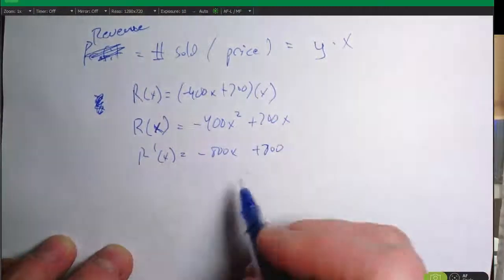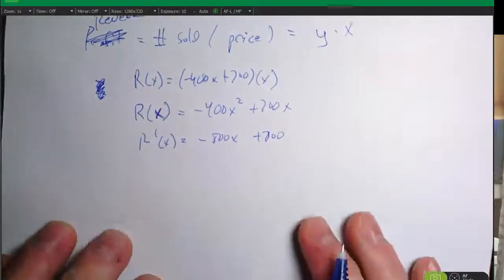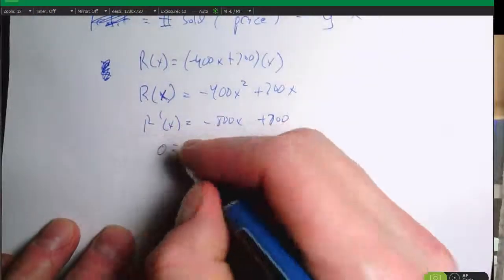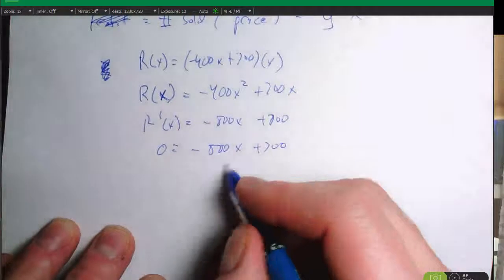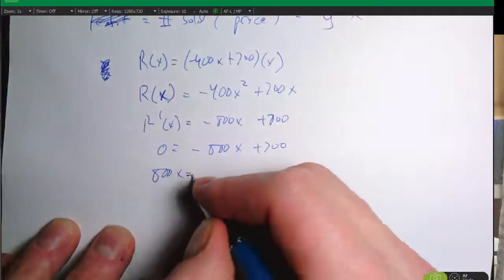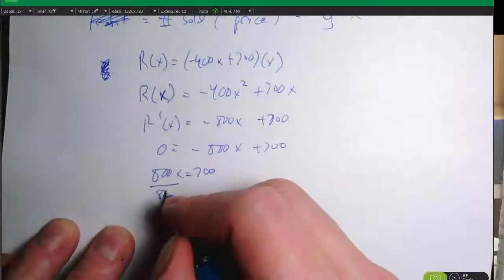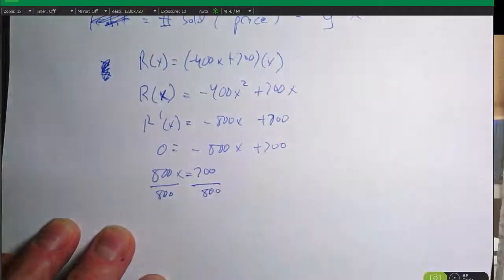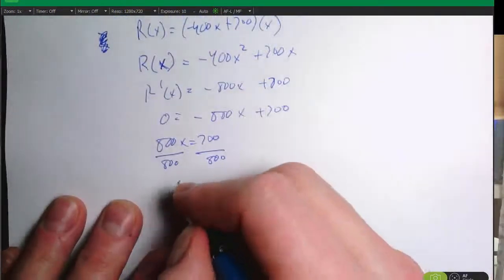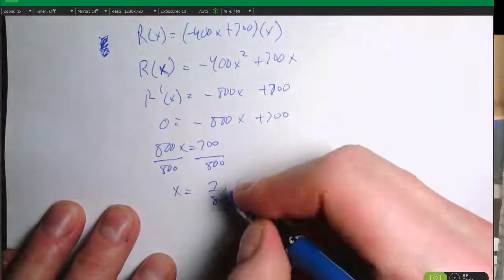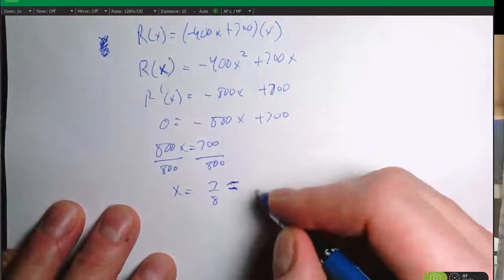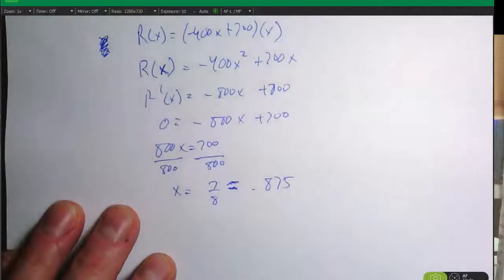Now the question is, when is this equal to 0? Well, 0 equals negative 800x plus 700. Move the 800 over: 800x equals 700. Divide by 800. We get x equals 7/8, or really 0.875.